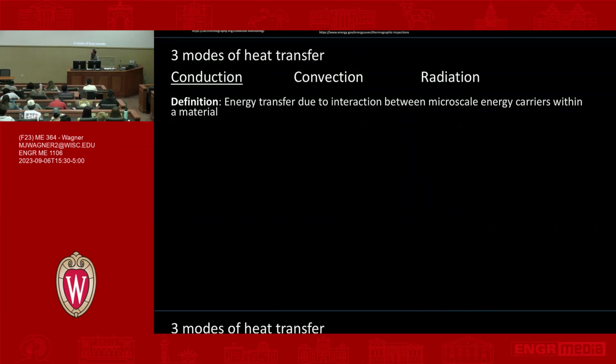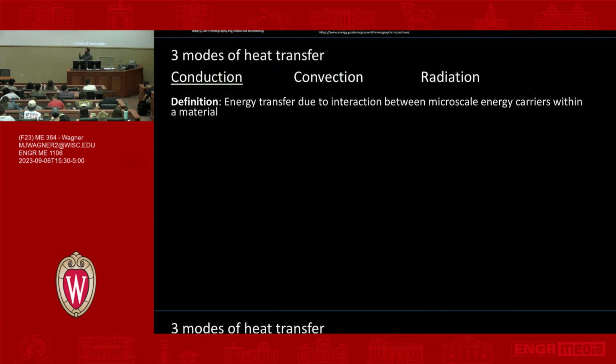Okay, so the definition is energy transfer due to interaction between microscale energy carriers within a material. So there's some important words here, right? Interaction between microscale energy carriers. So this is saying you have some solid or some liquid in which the main mode of energy transport is some molecule vibrating or emitting a photon and having it strike the neighboring molecule.